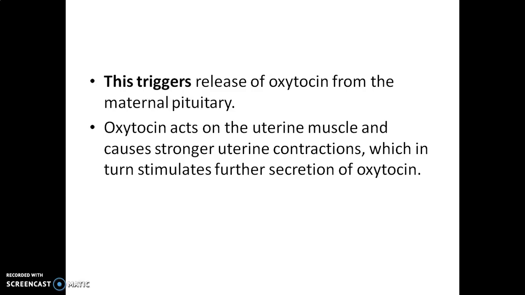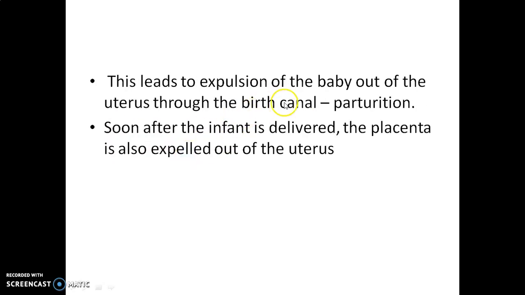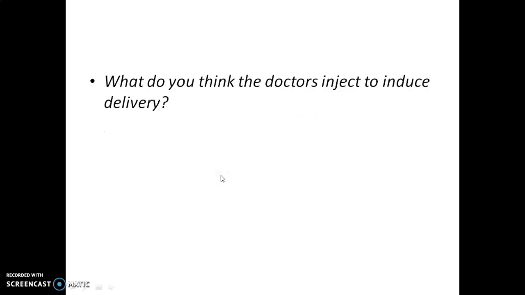Oxytocin acts on the uterine muscle and causes stronger uterine contractions, which in turn stimulate further secretion of oxytocin. This reflex between uterine contraction and oxytocin secretion continues, resulting in stronger and stronger contractions. This leads to expulsion of the baby through the birth canal, and that is parturition. After the infant is delivered, the placenta is also expelled out.